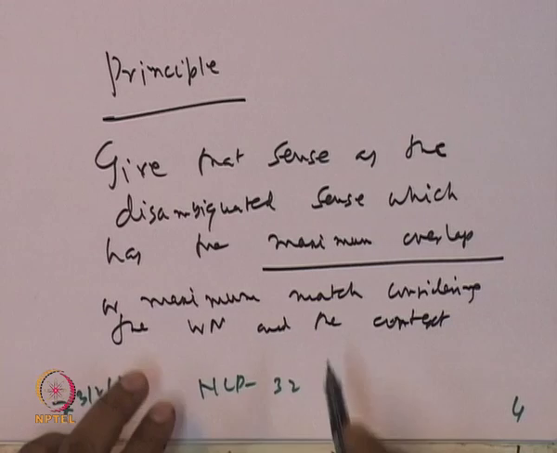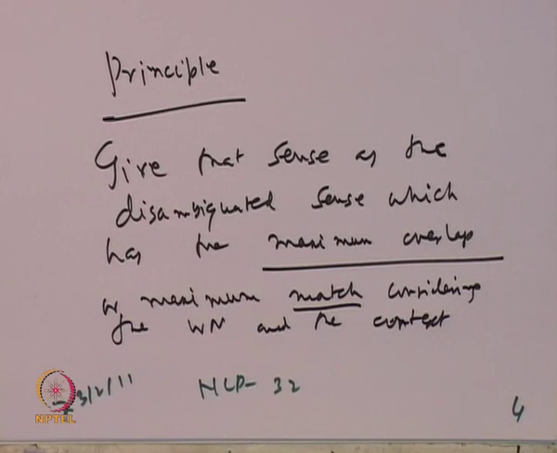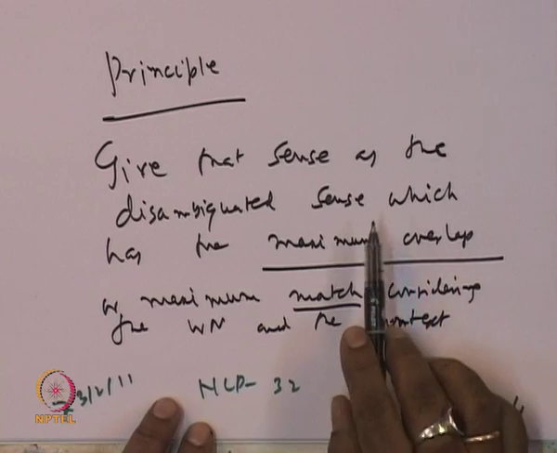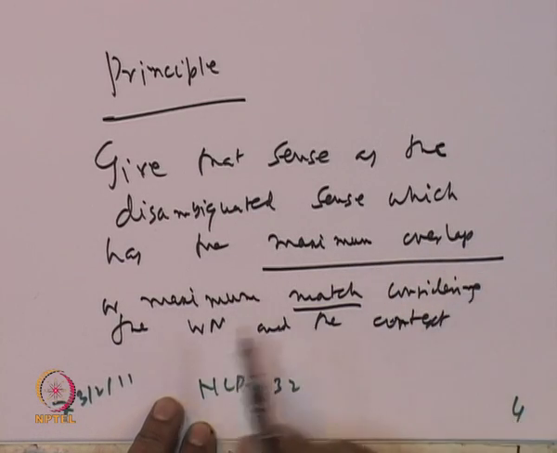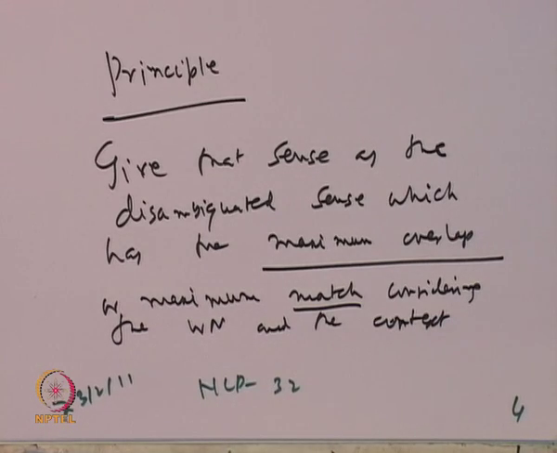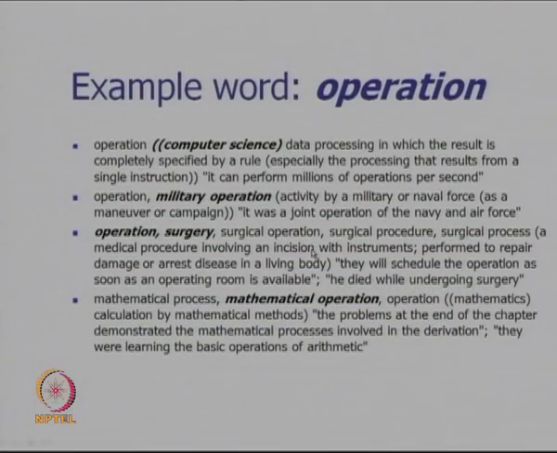Okay. So, this is the main principle: give that sense as the disambiguated sense which has the maximum overlap or maximum match considering the WordNet and the context. All right. So, going to the slide, if we have, for example, this as the sentence, it can perform millions of operations per second, and here we mean the computer science sense of the word operation.